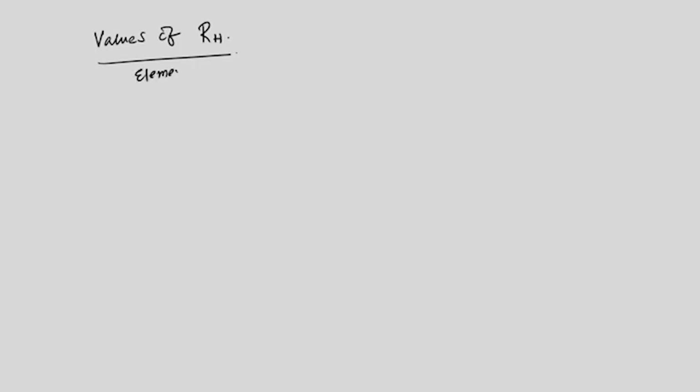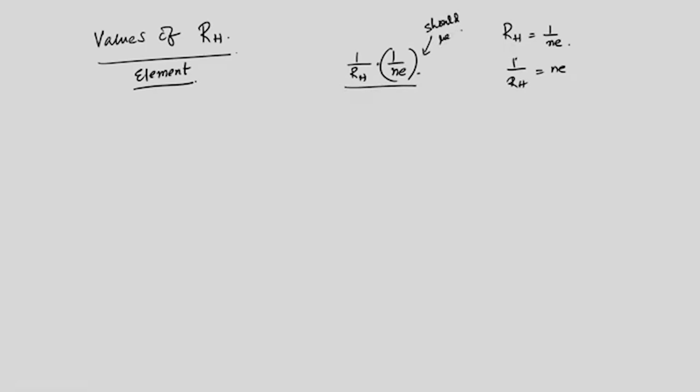This is the element, and what you get is 1 over R_H into Ne. Because R_H is equal to 1 over Ne, then 1 over R_H is Ne. So what you do is find this quantity, and it should be equal to 1. Okay, that's the Drude value rather.